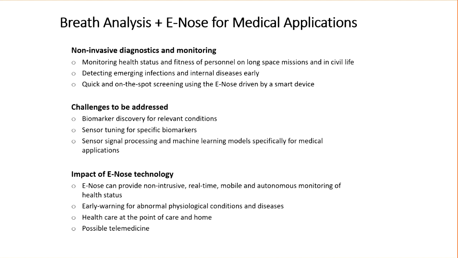If we have the eNose, which is mobile and easy to operate, we can do the detection on the spot when the truck comes in. That will be quick and doesn't have to go to the lab.